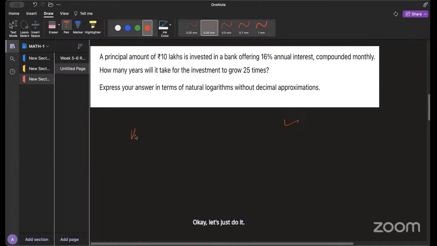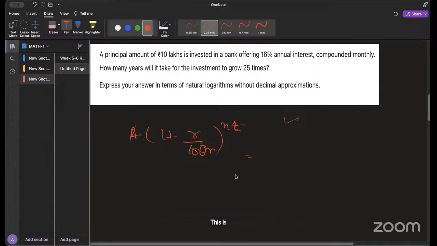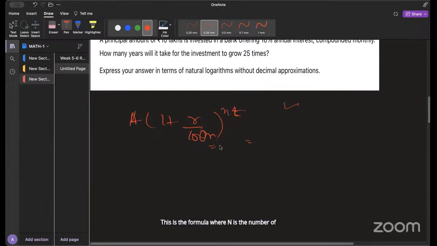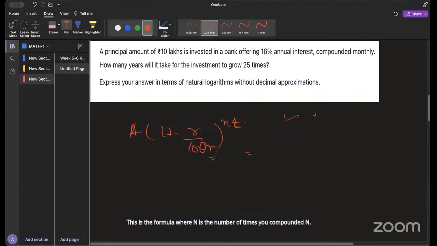So, the compounding formula is this, right? Mostly you'll be given this formula, but you should know what these things are. This is the formula where n is the number of times you compounded, and this is monthly compounding, so n is 12. R is 16.